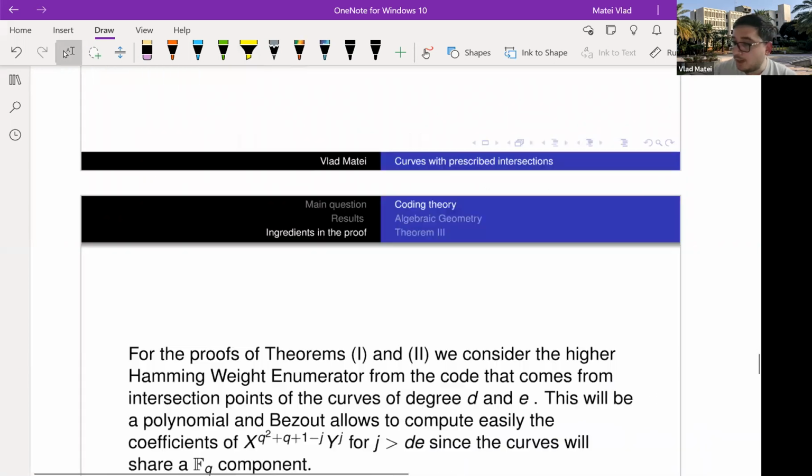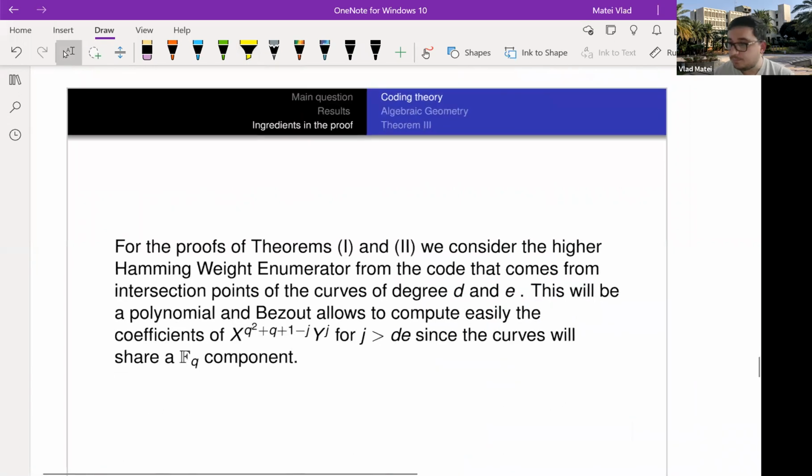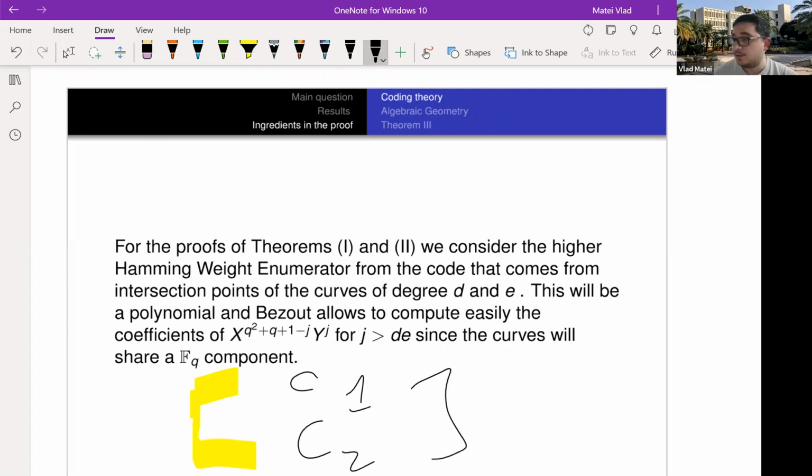And what do we do? Well, for us in Theorems 1 and 2, we're going to do something that parameterizes the intersection points. So there's a way to do a general Hamming weight enumerator for the intersections. Namely, this is going to come from the code where it's a matrix. This matrix is going to have rows C1 and C2.